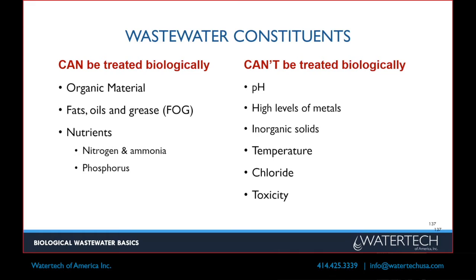Chloride: one of the reasons you hear a lot about municipalities trying to limit the amount of chloride coming in, through salt-regenerating water softeners and things like that, is because biological systems do not remove chloride. So a dairy might have a cheese plant with really high chlorides. There's nothing that the biological system is going to do to remove those chlorides that come in.